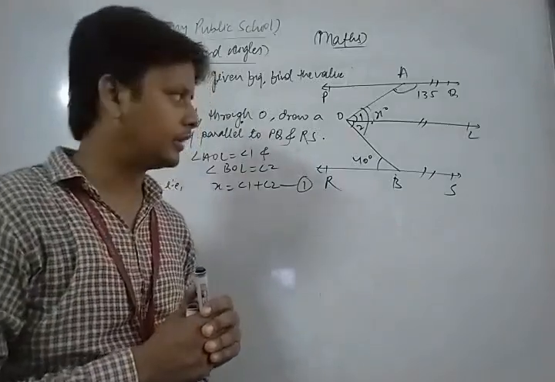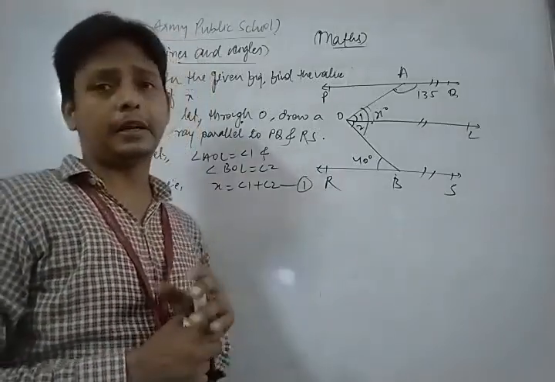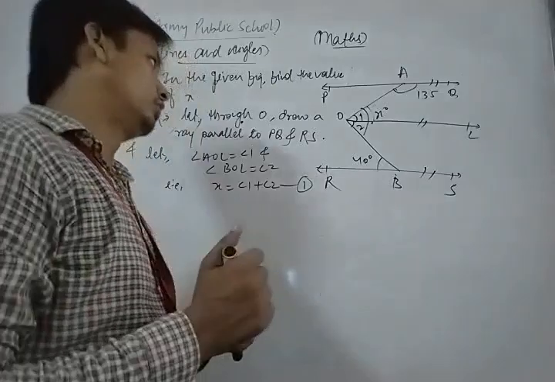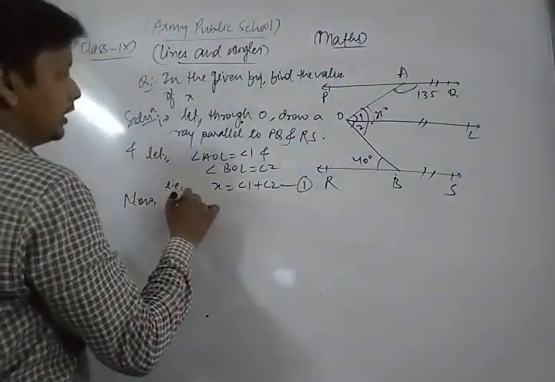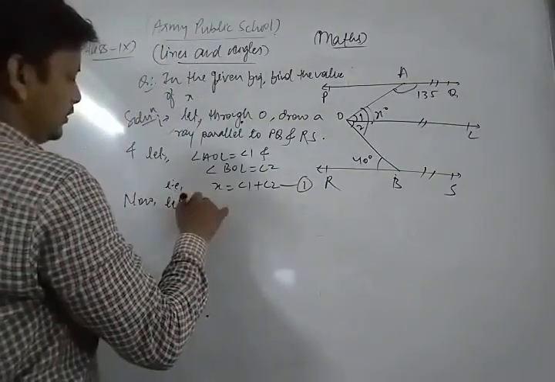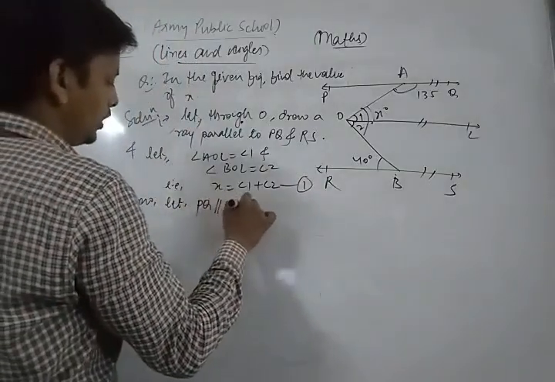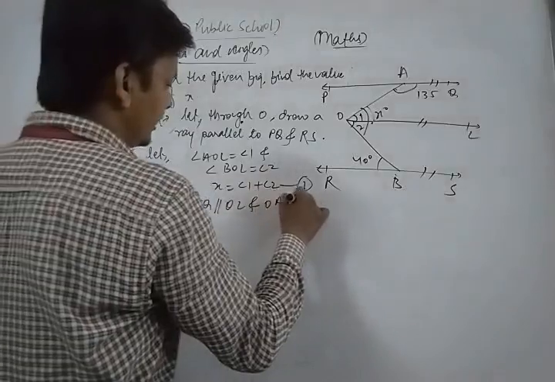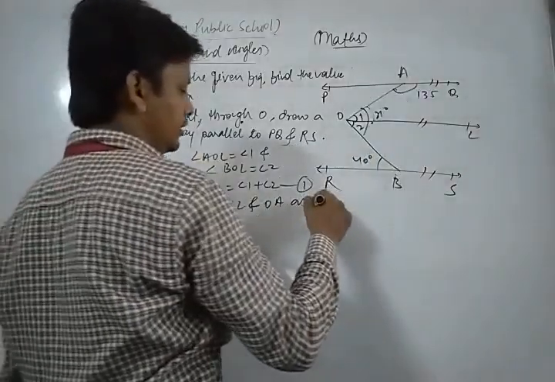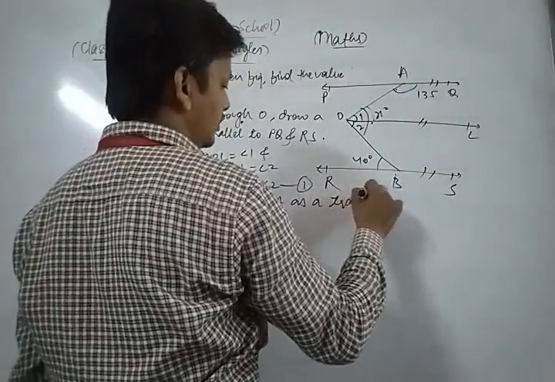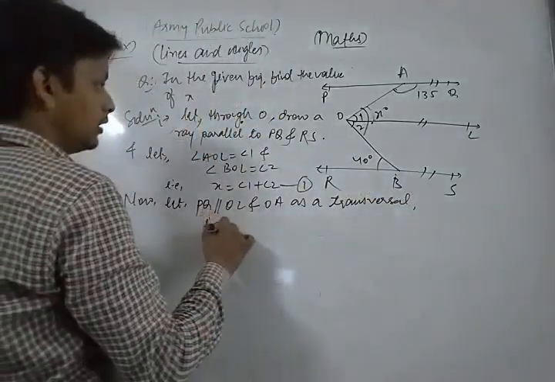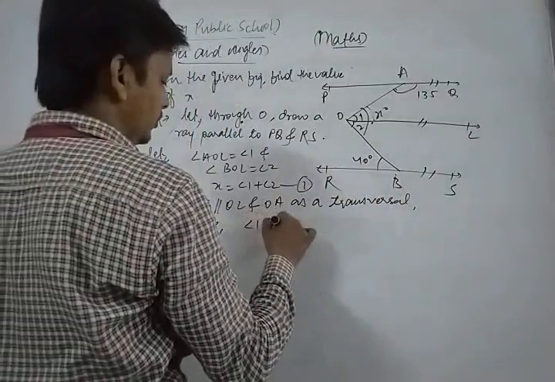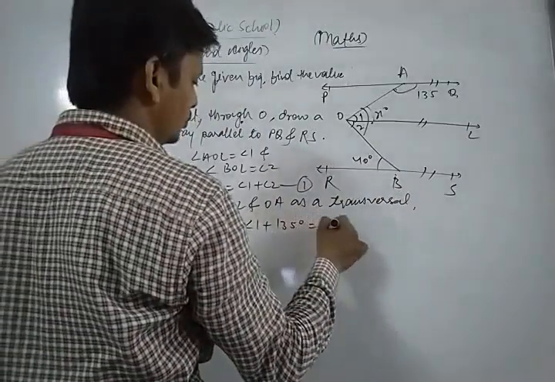Now dear students, here we apply the concept of transversal. Look, let PQ be parallel to OL and OA as a transversal. That is, angle 1 plus 135 degrees is equal to 180.